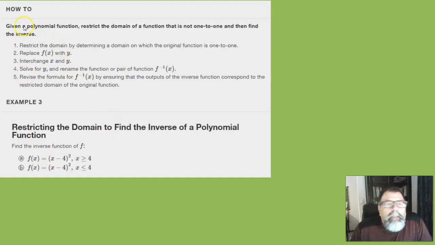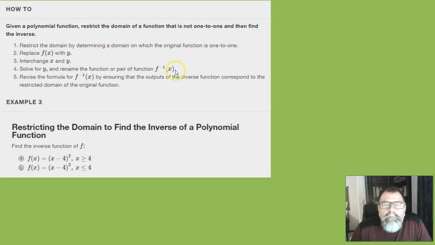Okay, so the technique, given a polynomial function, is to restrict the domain of a function that is not one-to-one and then find the inverse. First step, restrict the domain by determining a domain on which the original function is one-to-one.